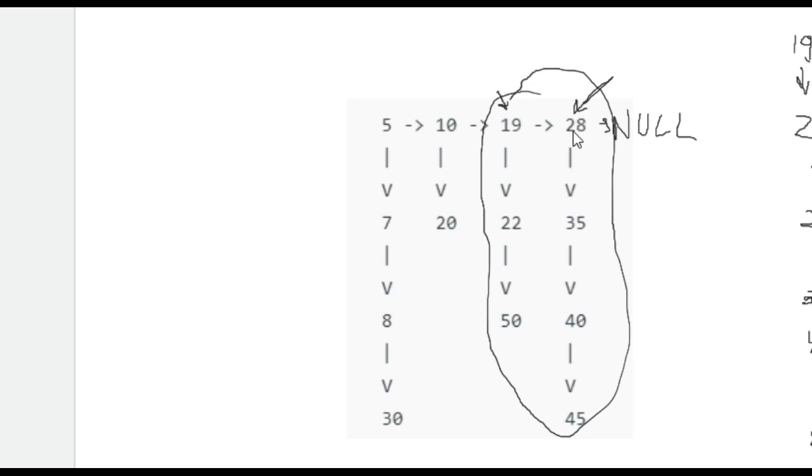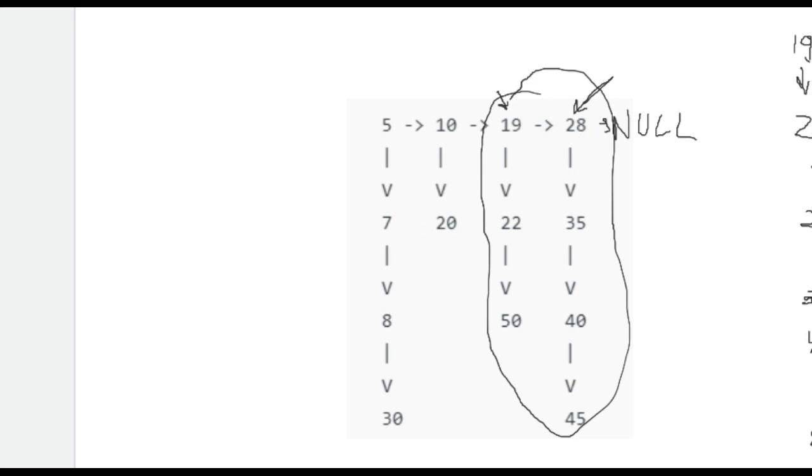Then 35 and 50, 40 and 50, and then 45 and 50. As you can see, now there is no element to compare, so we simply insert the leftover linked list here, and this is the process we repeatedly do.